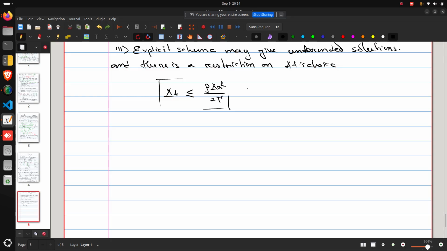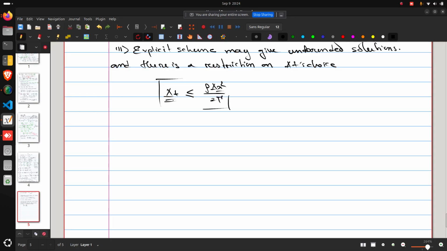Okay, so now you have different characteristics of the schemes. Some will give you a bounded solution, some may give you an unbounded solution, some will have a restriction on delta t, others might not, and there is another characteristic of the scheme, which is the order of accuracy. Now if you see, the restriction is very tight.